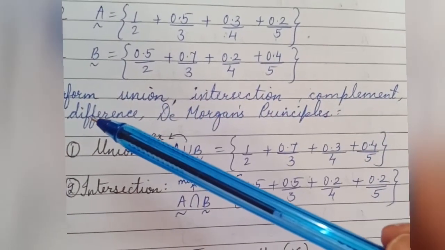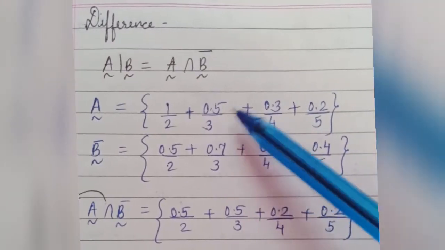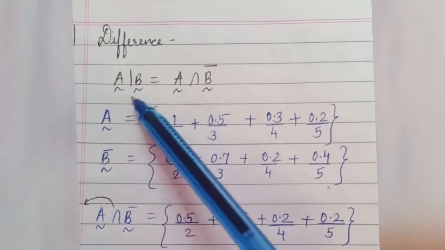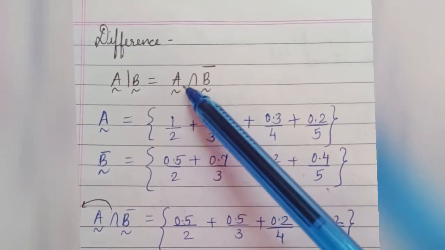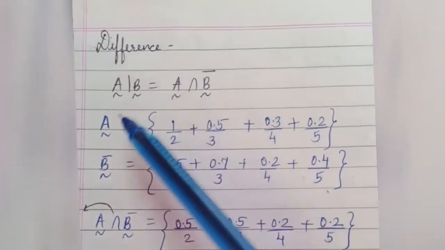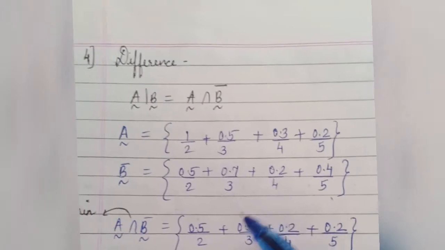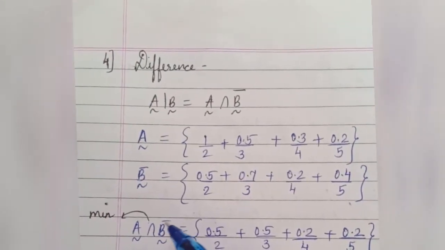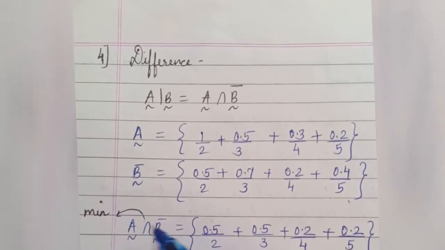Now let's perform the operation difference. To calculate the difference A minus B of two fuzzy sets, apply A intersection B complement. Consider set A and consider set B complement. So for A intersection B complement, compare and select the minimum.